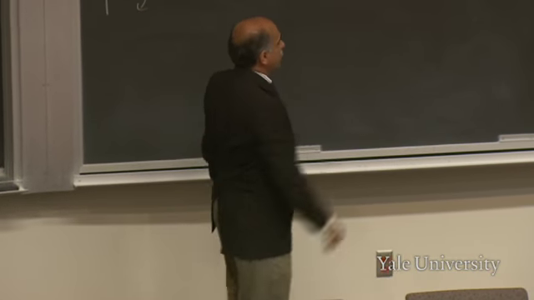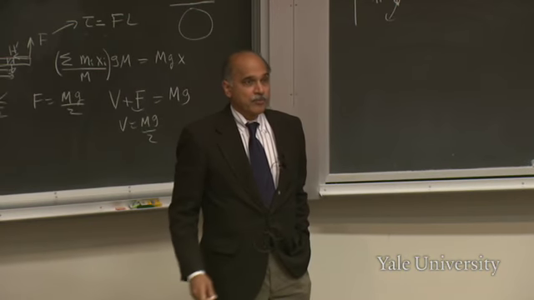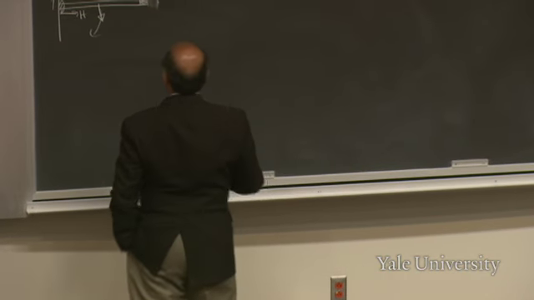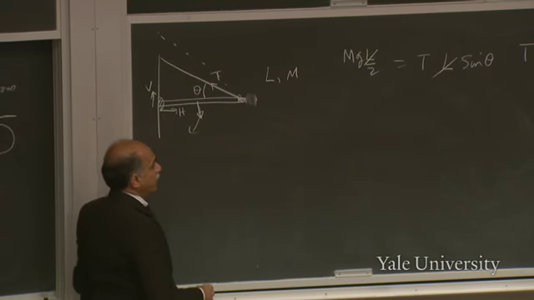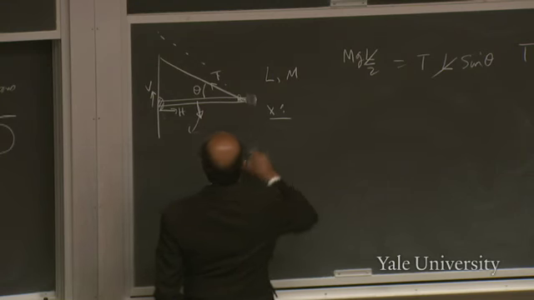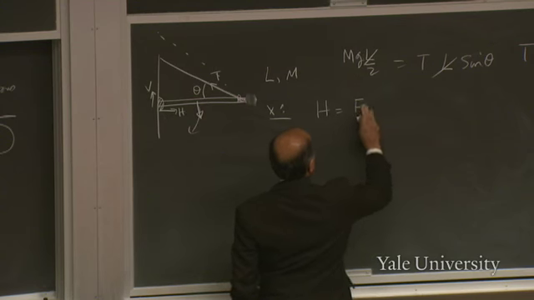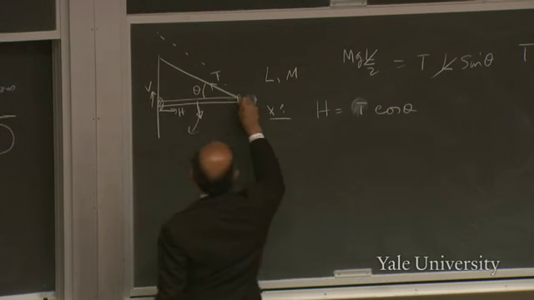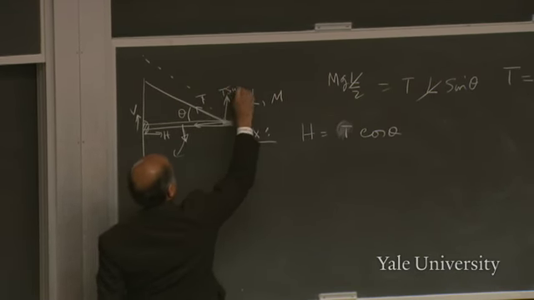Okay, so we found the tension here. If that's all you want to know, that's the end of the problem. But you may be asked to do more. You could be asked to find what's happening at the pivot. Then you have to go back to the forces. In the horizontal direction, the total force has to add to 0. So H should be equal to F, which equals tension times cosine theta, because this T has a T sine theta that way and a T cosine theta that way.